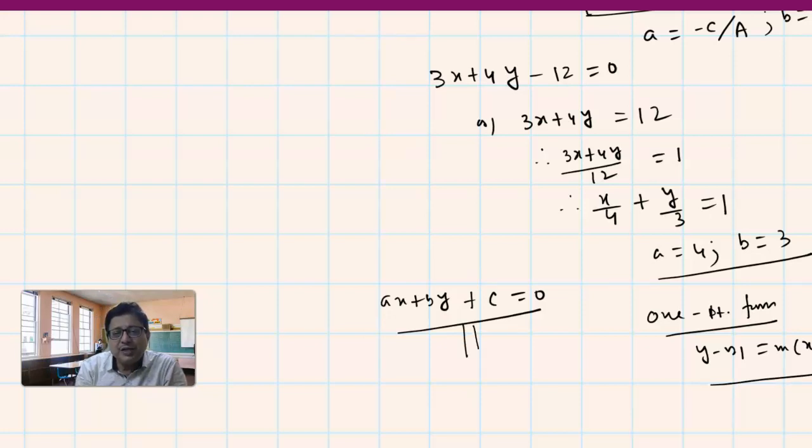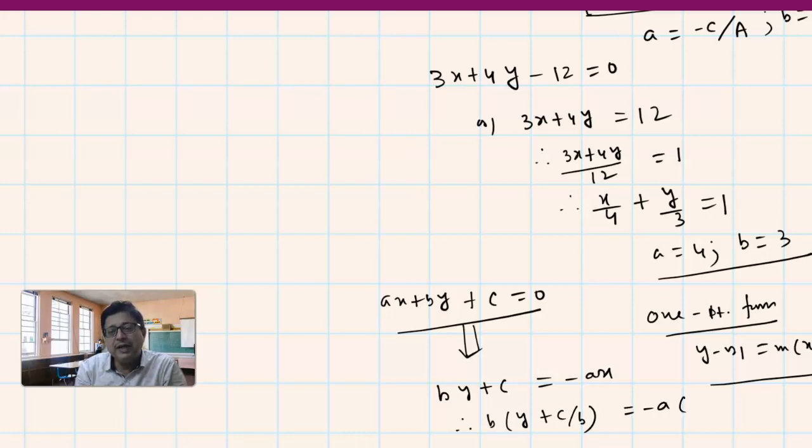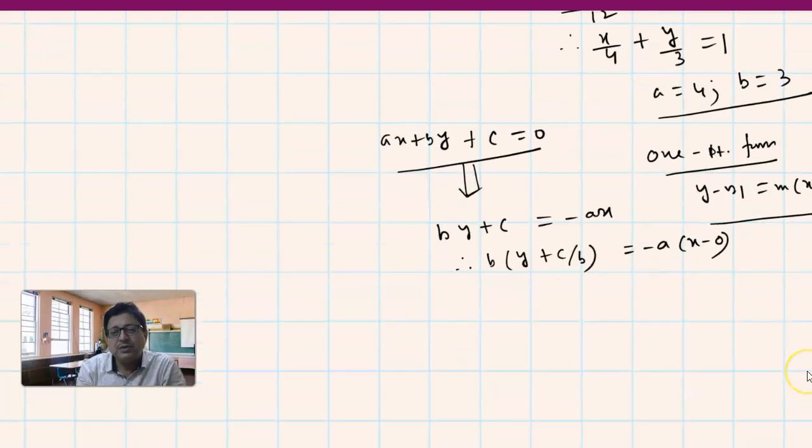So this we try to express in this form. Keep by plus c on one side, ax on the other side. You can take c on the other side also, no problem. by plus c equal to minus a into x, I am writing this in the form x minus 0. Therefore, y plus c by b equal to minus a by b into x minus 0.